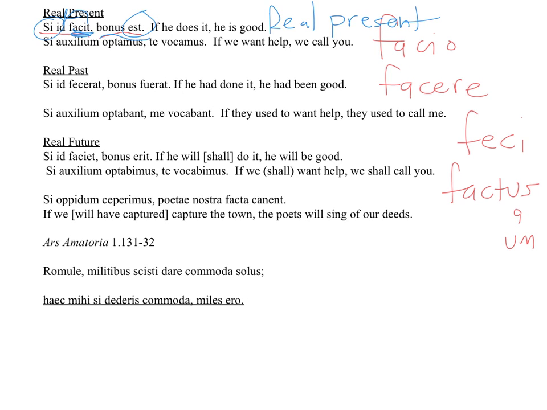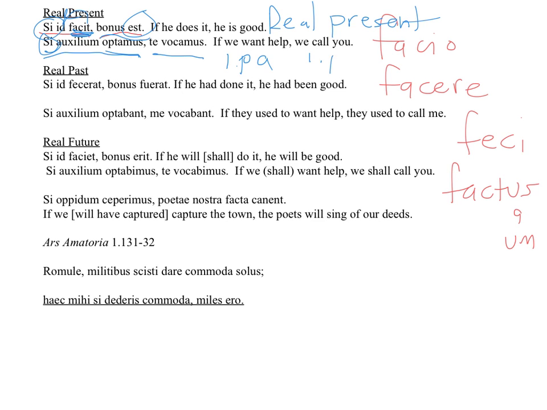Look at the second example. Si auxilium optamus, te vocamus. If, si, optamus, we want auxilium, help, te vocamus. Vocamus means we call you. Optamus is in the indicative present active.